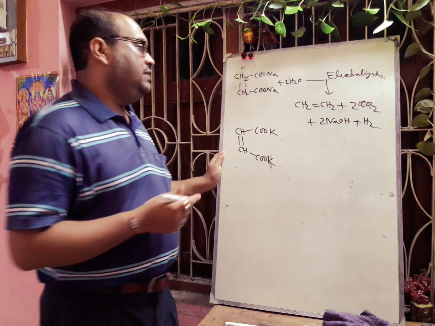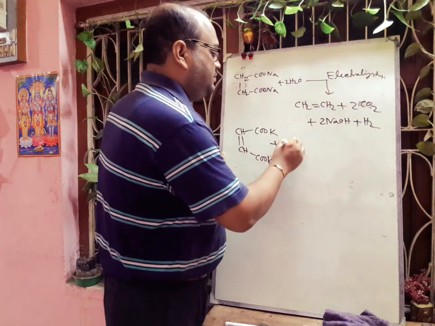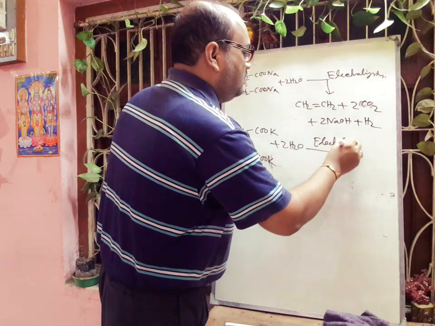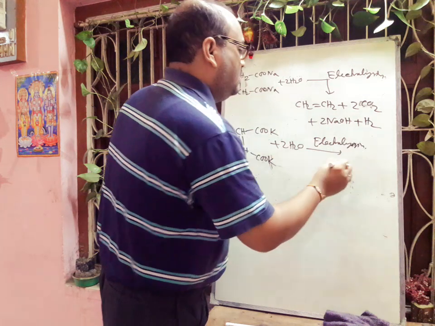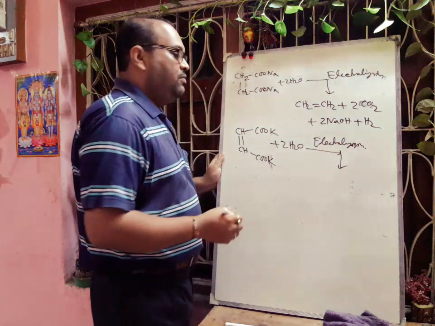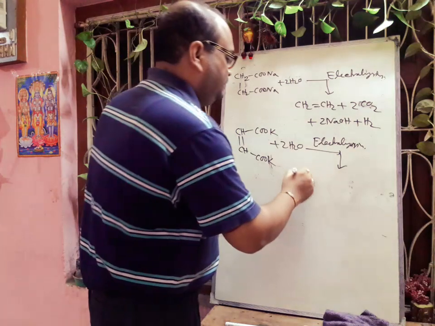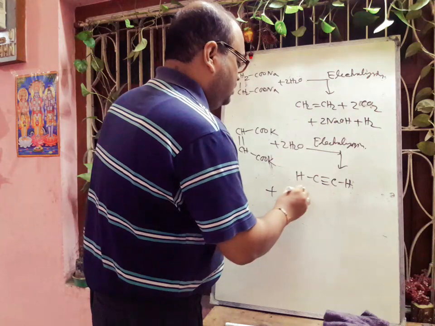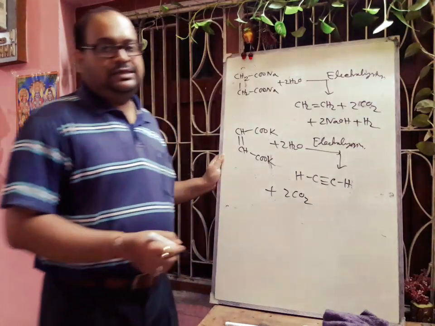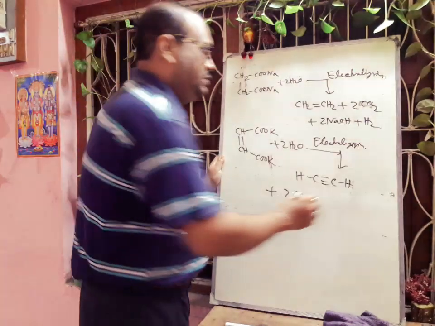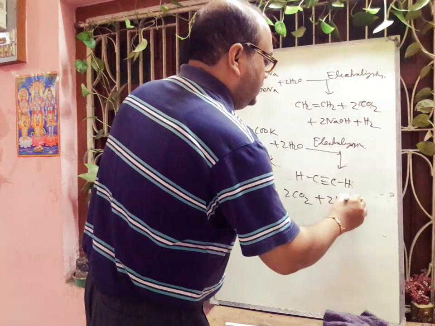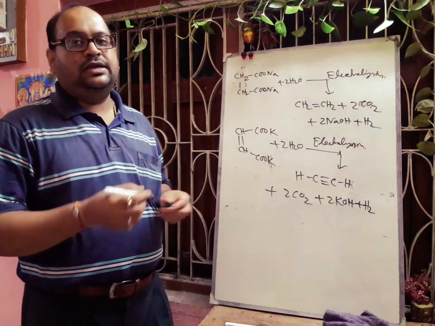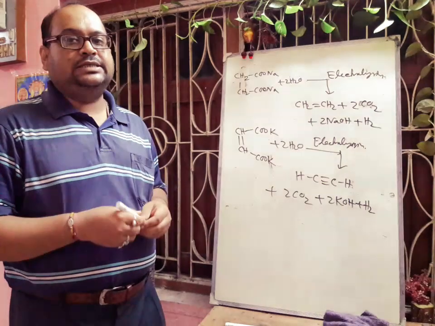So here if we do the electrolysis, then what will be the product? The product will be acetylene, plus there will also be formation of carbon dioxide gas with 2KOH and hydrogen gas. Hope you can understand. Next we will discuss the reaction of the alkyl group.